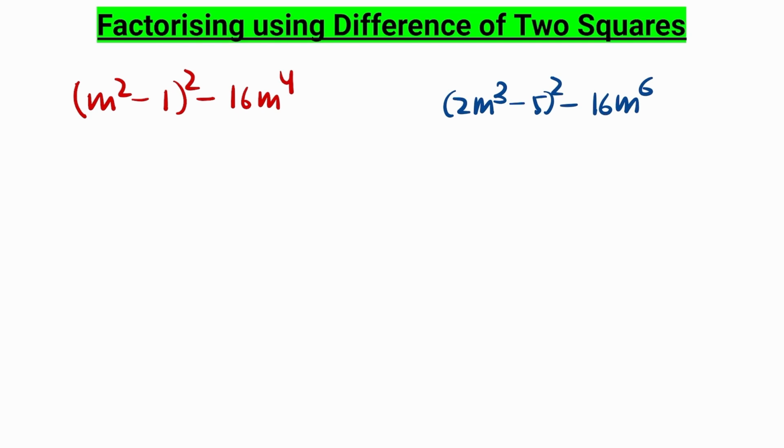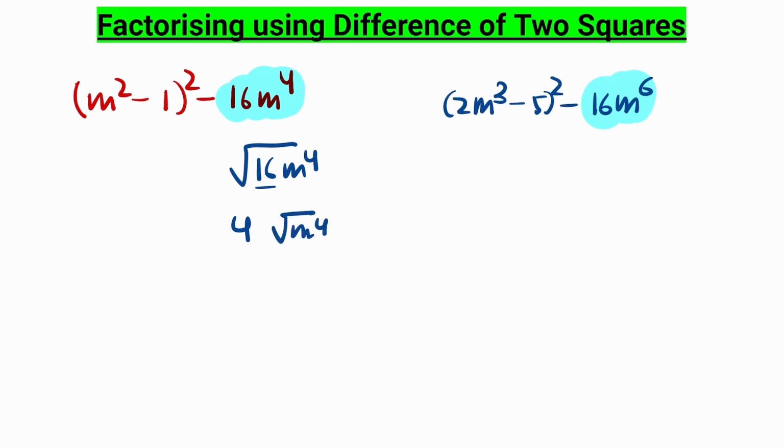Now we can see here that both of these expressions are in a form we can use difference of two squares. Even 16m to the power 4 and 16m to the power 6 can also be considered as squares. Because if we take the square root of 16m to the power 4, we can take the square root of 16, which is 4, and the square root of m to the power 4.